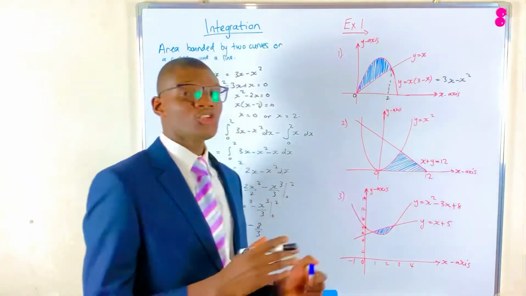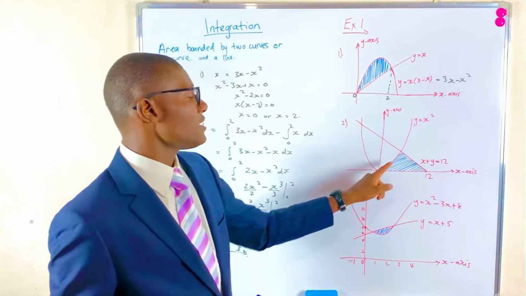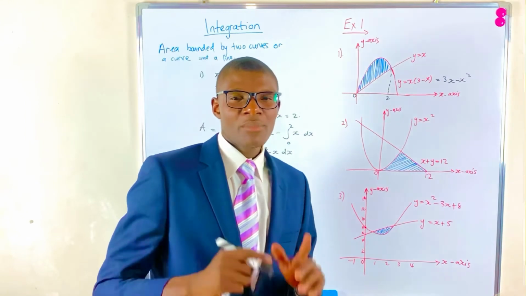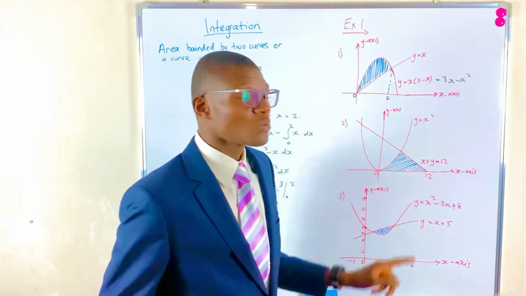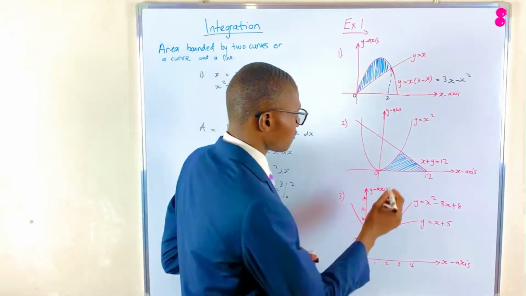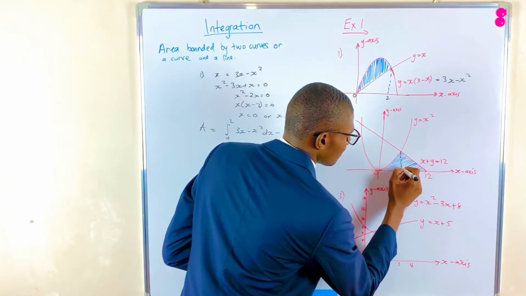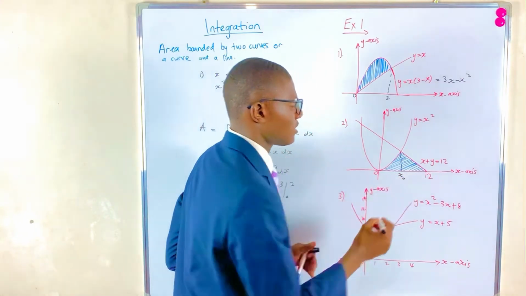Now for number 2, of course we need the points of intersection. So we've got 2 points of intersection. But the one that is of major concern is this one. And this one is going to help us find our limit. Let's call this point of intersection x naught, right?